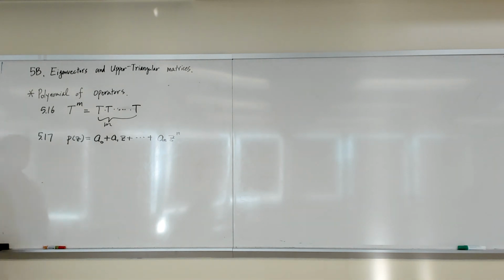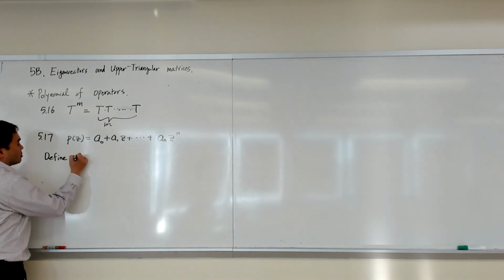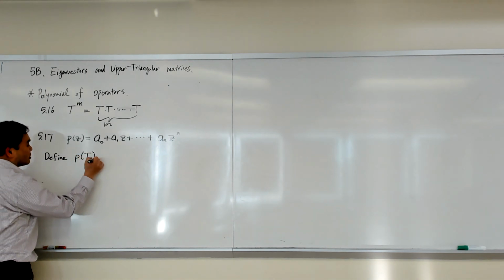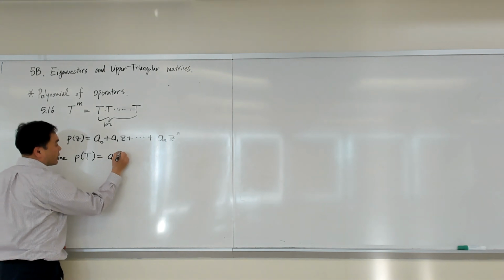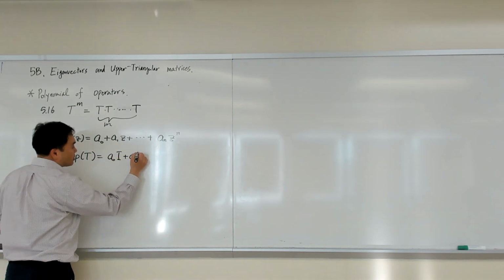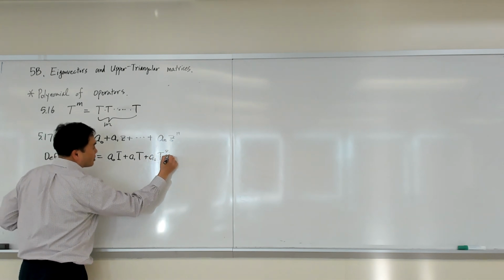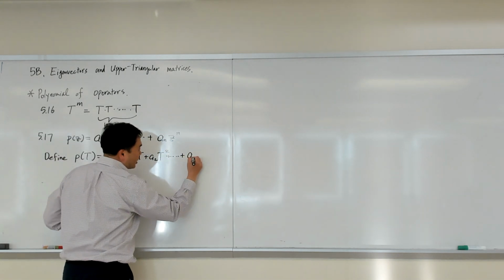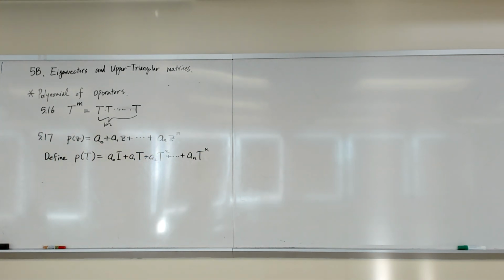So in that case, we define P of T as A0 I plus A1 T plus A2 T squared and so on up to AN T to the nth power. Okay? That makes sense, right?